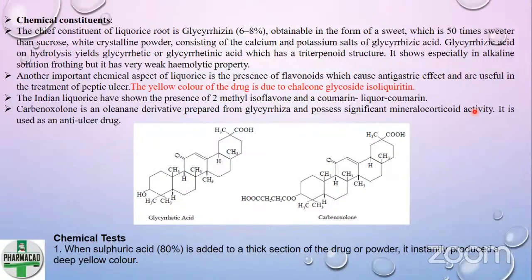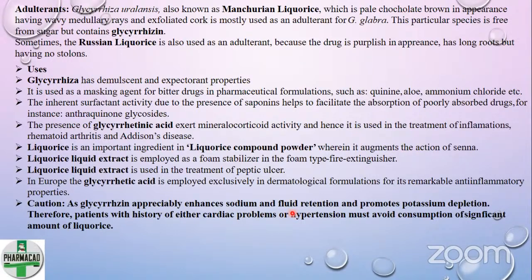Okay, now these are the structures. When we talk about the different chemical tests, if sulfuric acid is added to the thick section of the drug or powder, it will instantly produce a deep yellow color. Now, the adulterant present in glycyrrhiza is Glycyrrhiza uralensis, also known as Manchurian licorice.